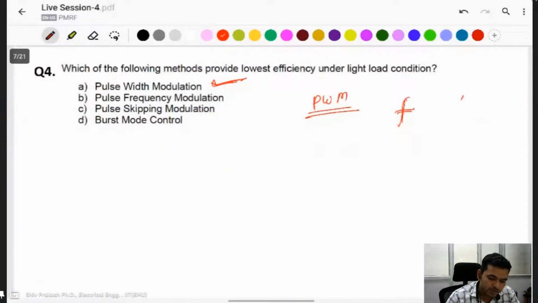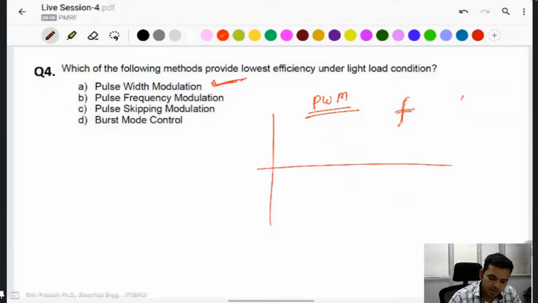Further, here you are given the method that provides the lowest efficiency under light load condition. In light load condition, you know about the frequency and switching losses.